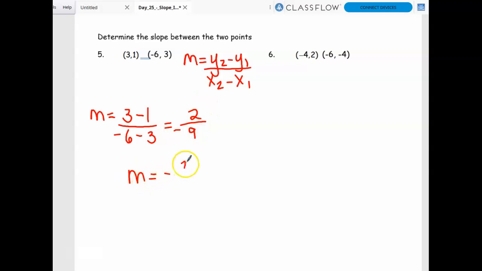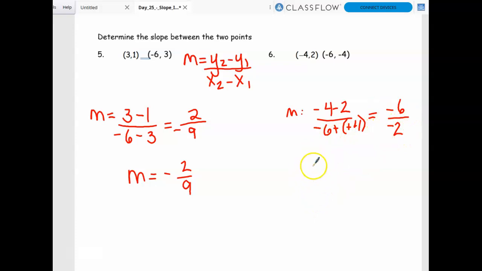Number 6, when we plug in the values, we get negative 4 minus 2 divided by negative 6 minus a negative 4, which is adding 4. Negative 4 minus 2 is negative 6, and negative 6 plus 4 is negative 2. Negative 6 over negative 2 simplifies to positive 3.